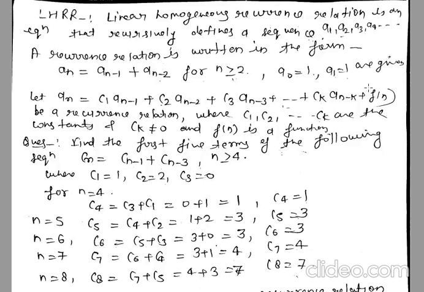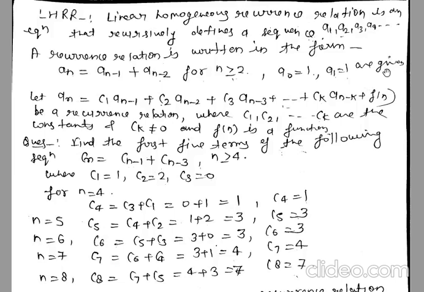That means all variables must have the same power. Linear means power should be 1. And homogeneous means there will be a right hand side given. If the right hand side is given, that means non-homogeneous. And if the right hand side is equal to 0, then homogeneous, right?